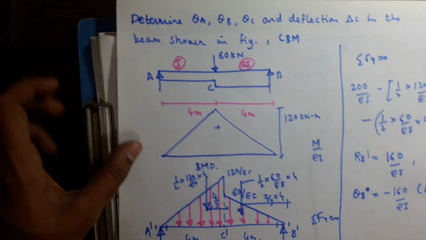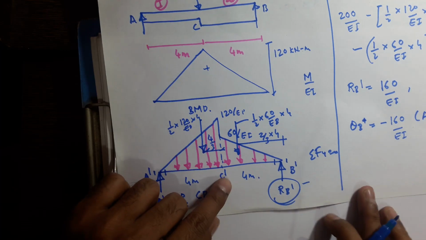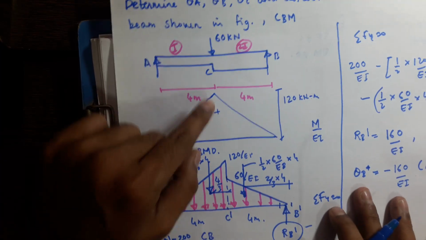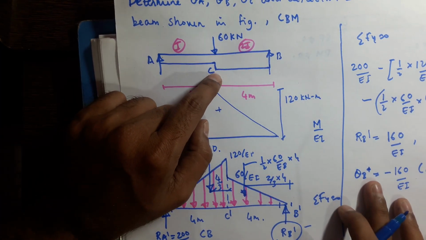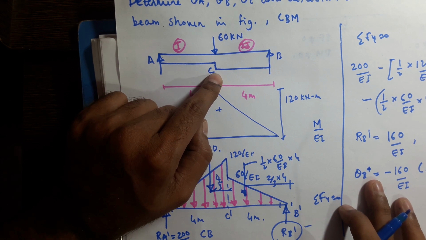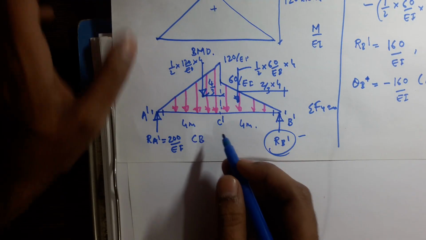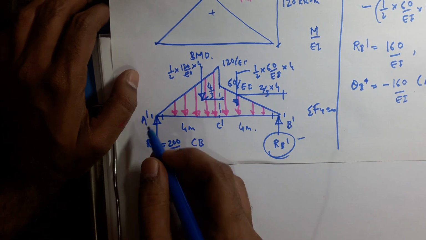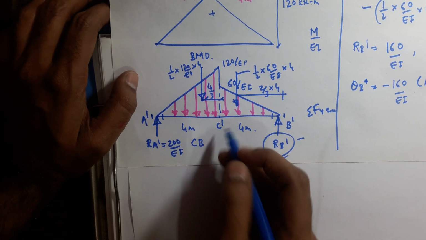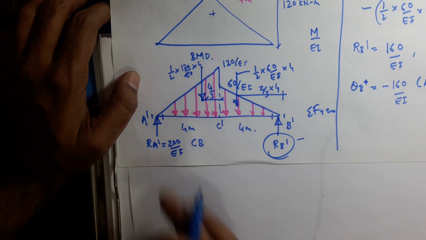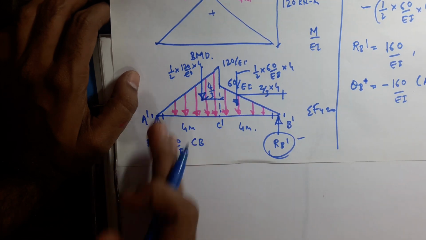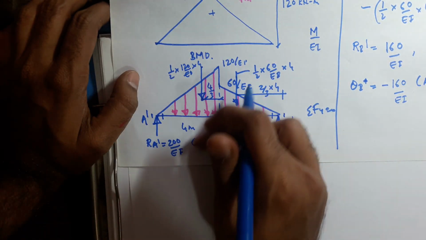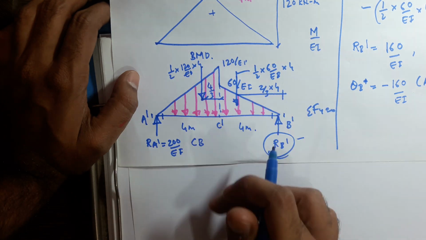Now we have to find theta C. So how to find theta C? Shear force at C dash is equal to slope at C in real beam. So shear force at C dash, if you take A dash and C dash, RA dash is going upward, okay, and the total load of this triangle is going downward.